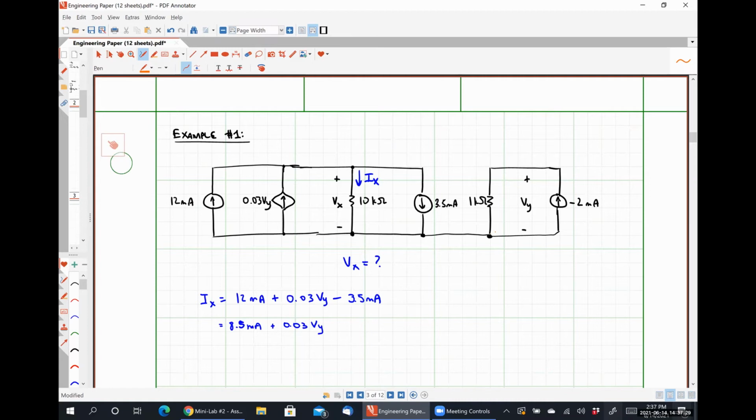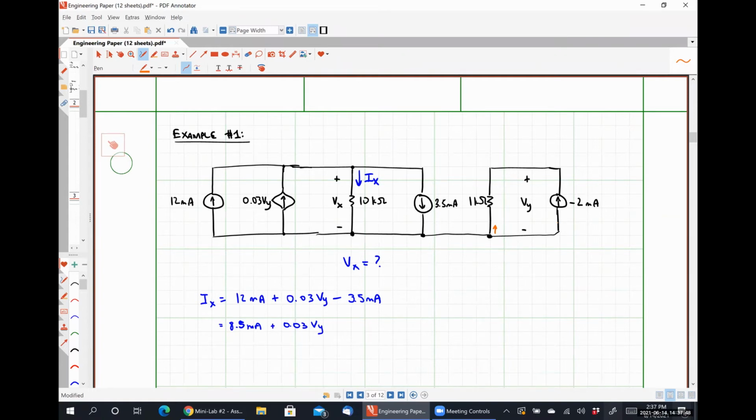If we start here, we see the negative polarity terminal of Vy as the voltage drop over the 1 kilo ohm resistor, and when we come down the other way, we see the positive polarity terminal of Vy. And so we just get effectively 0 is equal to 0.